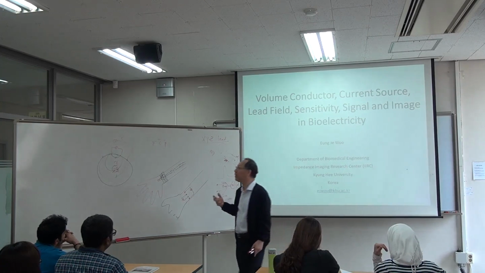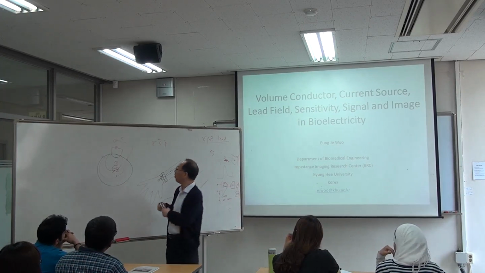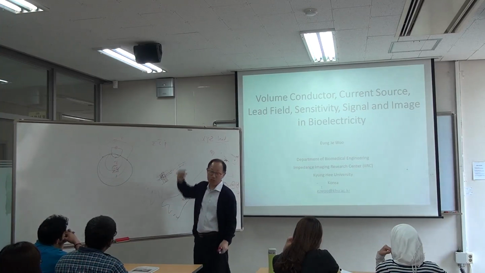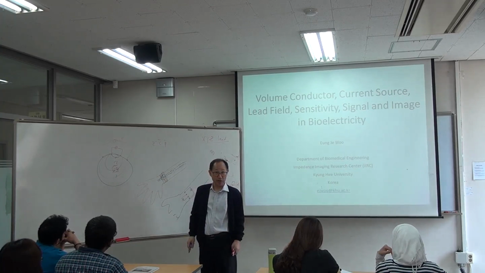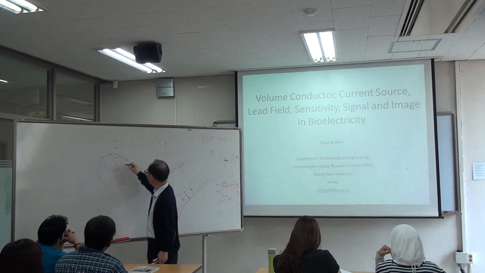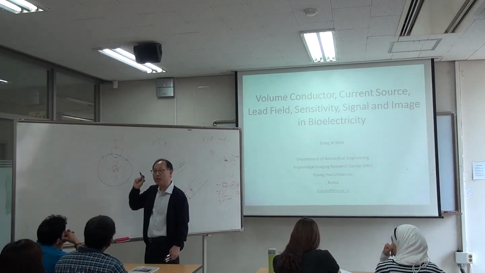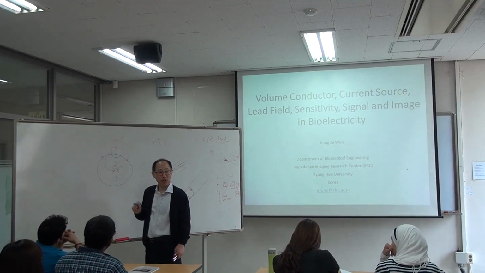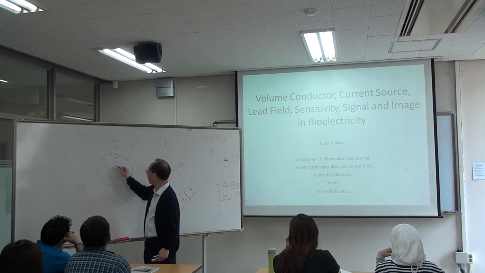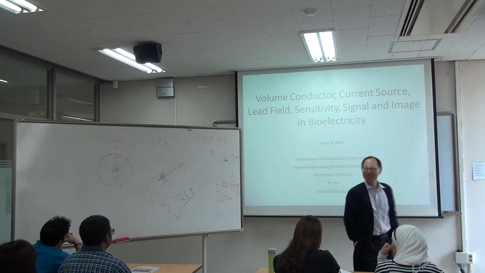The current is produced by the injection current. So now we have to think about what kind of current dipole distribution P is going to be there by the injection current. So we are going to have this kind of injection current. So the measured signal is going to be the inner product between the red vector and the blue vector. Okay? Is it good or bad? Good.